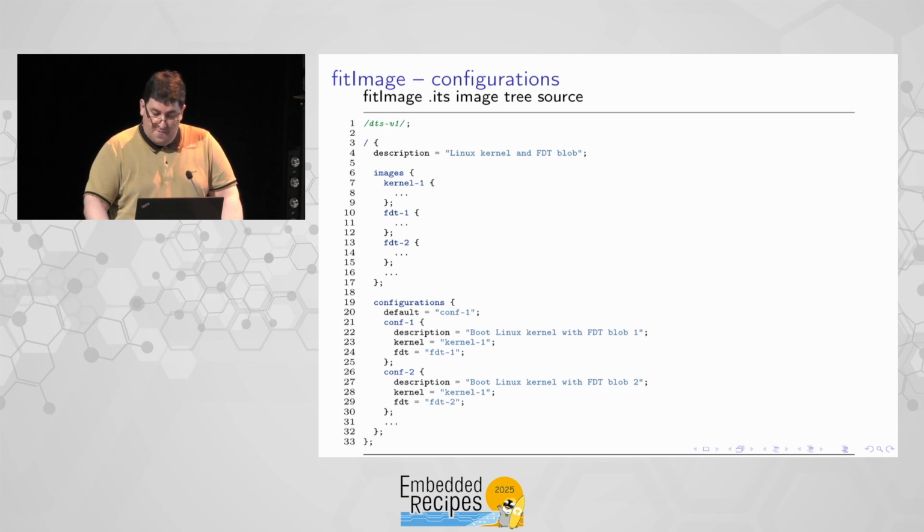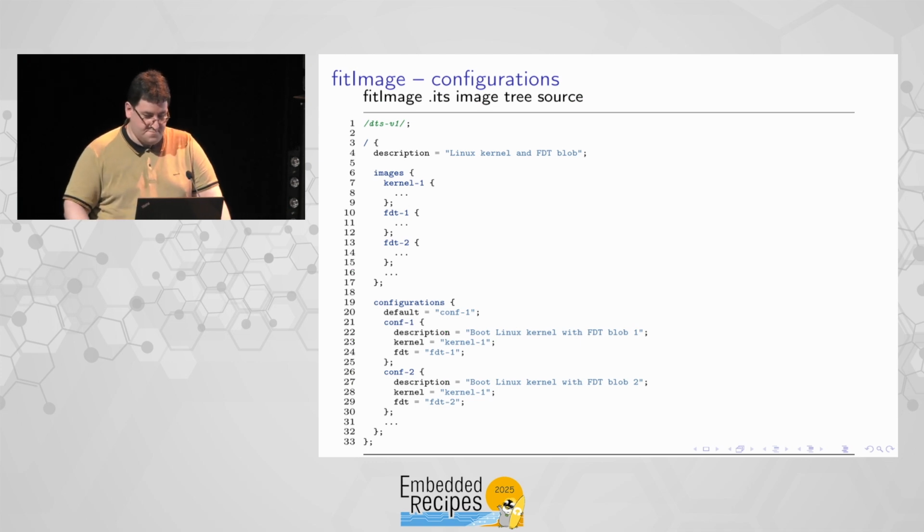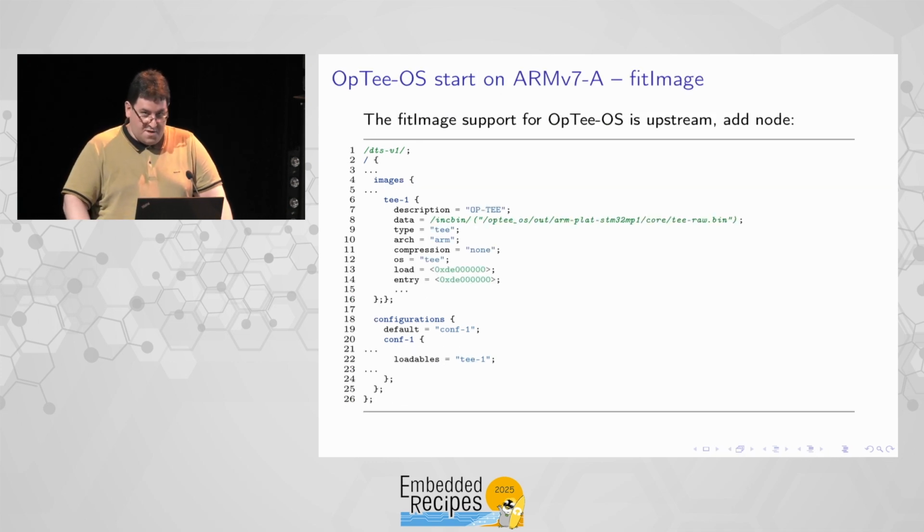And when this fit image is assembled, it just produces a single file which U-boot can boot. OpenEmbedded can generate fit images since 10 years. U-boot can handle them. The integration is already in place, so that's that. Luckily for me, the image type for OpTee-OS is already in the fit image, so U-boot also knows that there is something like an image type TEE here.